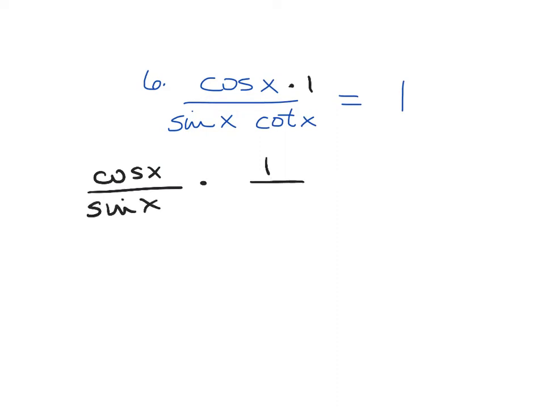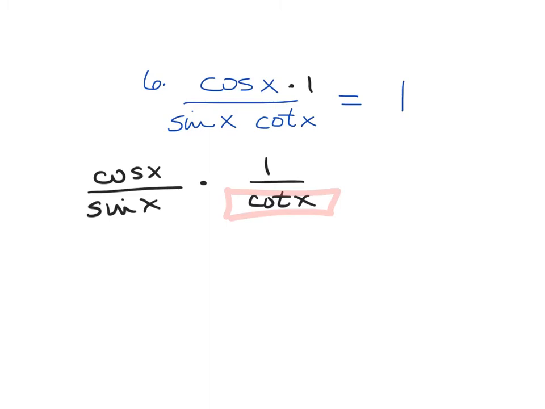And then over here, I'm going to put cotangent underneath a 1. Now, I'll show you another way where we're going to change them all into sines and cosines, but this is one method that you can do. And then remember that here I'm multiplying. So now I also still need to change cotangent.